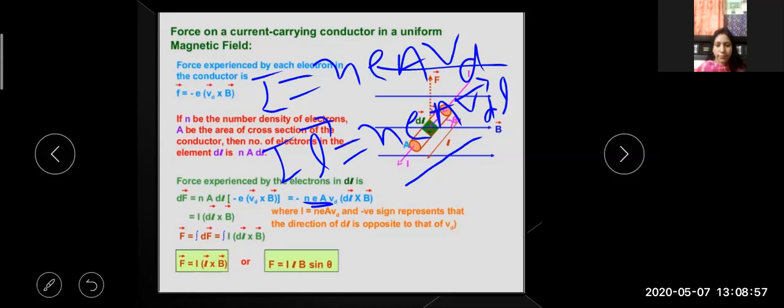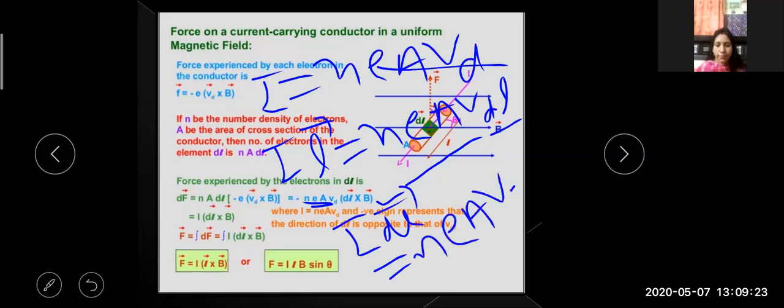So from this equation we can write I L vector equal to n e A v_d into L. From this we can write I dl vector equal to n e A v_d into dl.